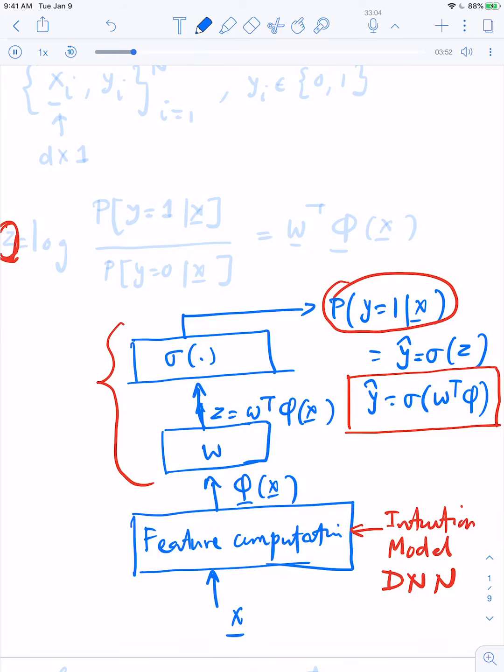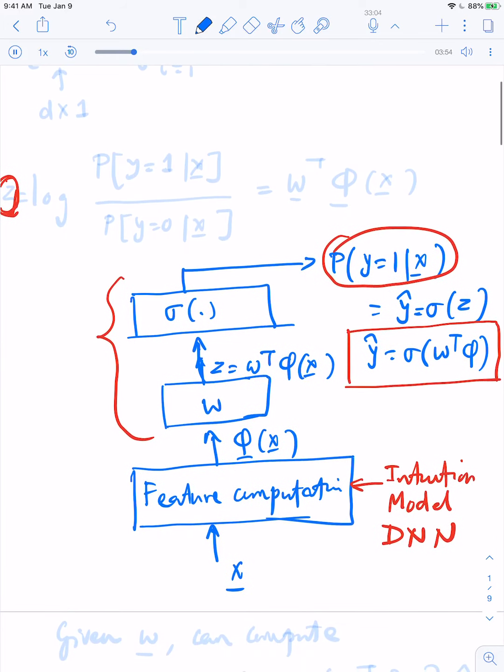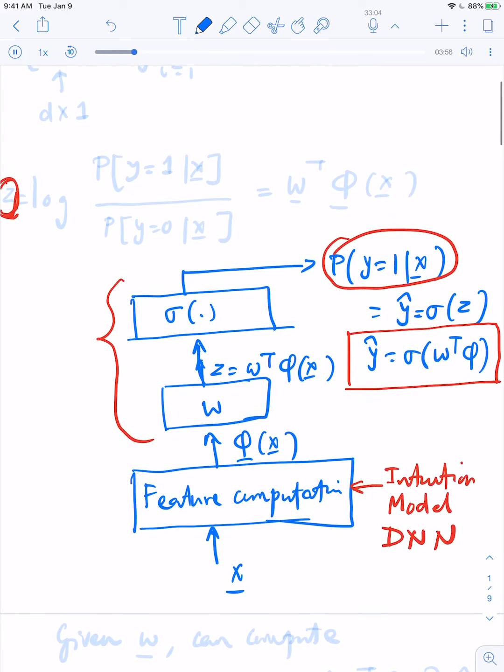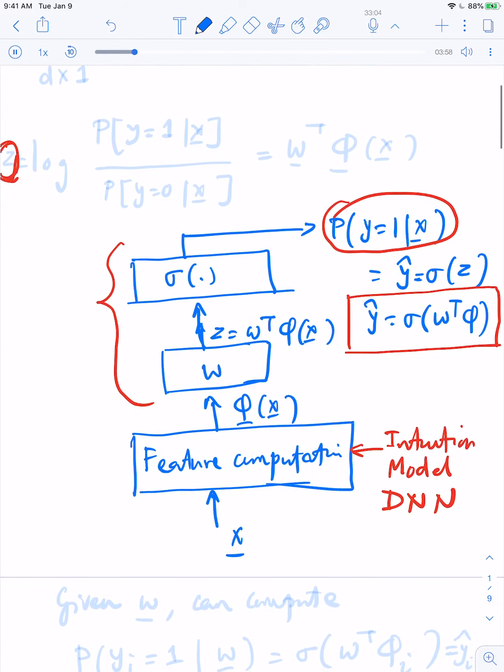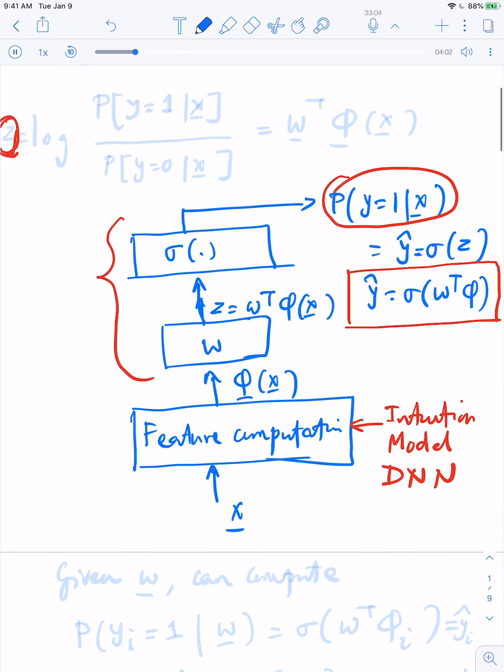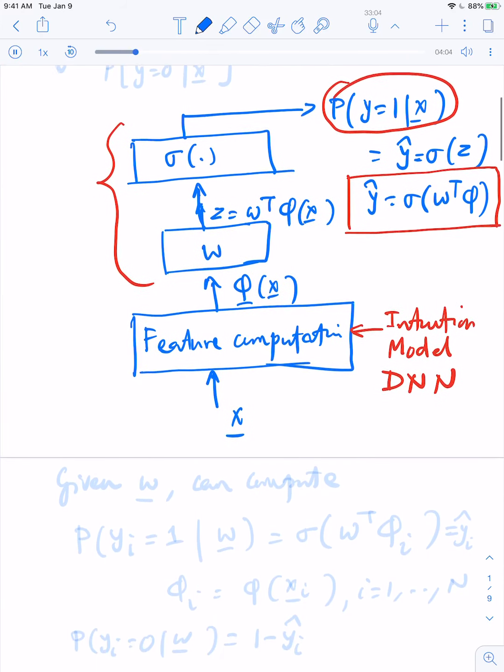Okay, so within this setup, how would we learn a good model W, right? So how would we learn it from the data that is given to us? So for a given W, what do I have?